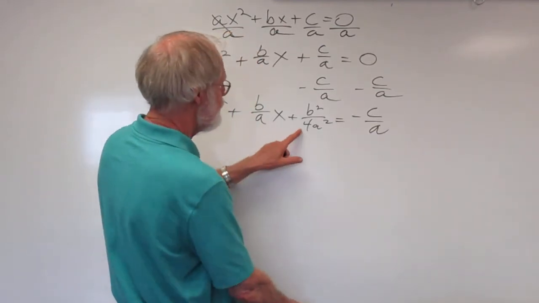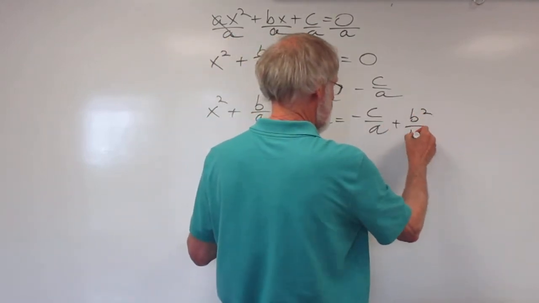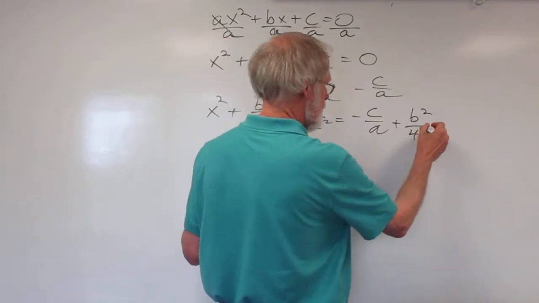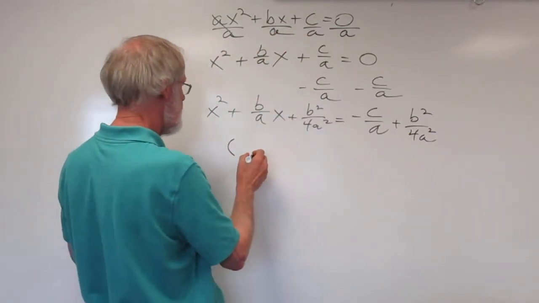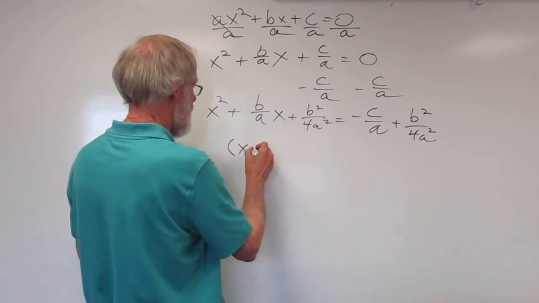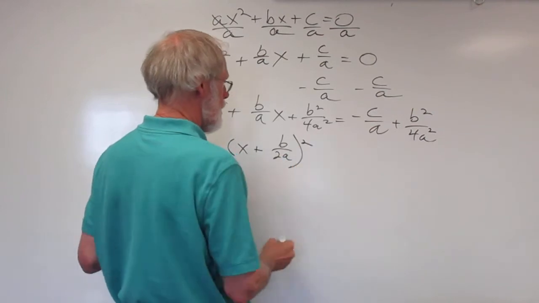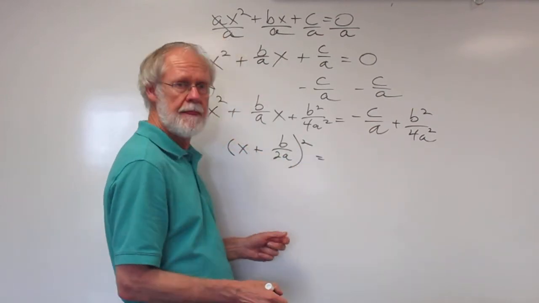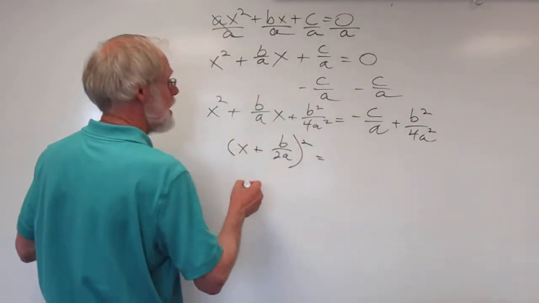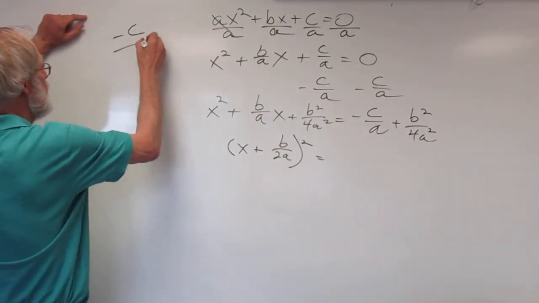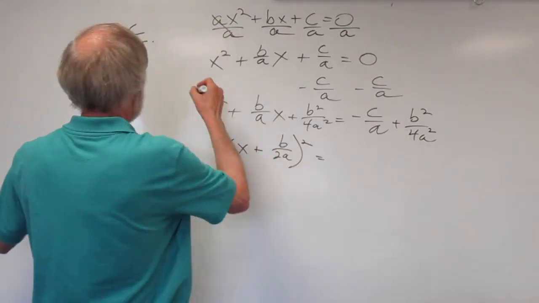If I added b squared over 4a squared to this side, I have to add b squared over 4a squared to the other side. Now they're balanced. And I have now created, this factors into x plus b over 2a squared equals. Now, over here, I'd like to have a common denominator. So I'm going to take negative c over a and multiply top and bottom by 4a.